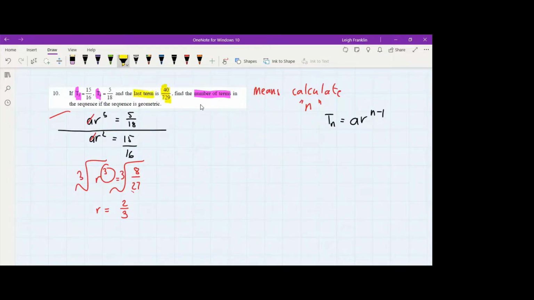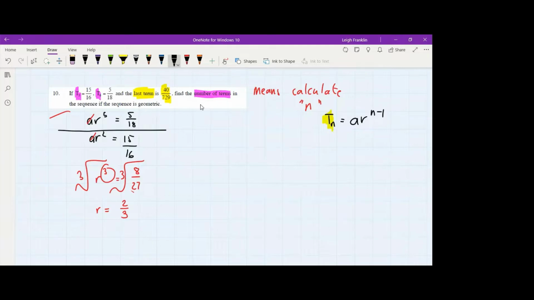It's not an Sn. This is the hard part for us in matric. The last term is 40 over 729, so they are implying that 40 over 729 is a Tn. It's not an Sn.